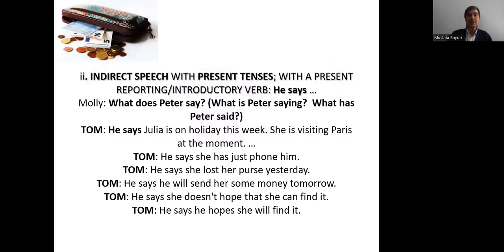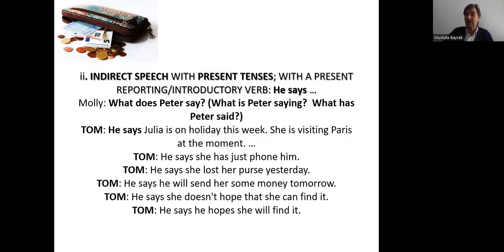Now, indirect speech with present tense with a present reporting verb or introductory verb, he says. Molly, what does Peter say? What is Peter saying? What has Peter said? Tom: He says Julia is on holiday this week. She is visiting Paris at the moment.